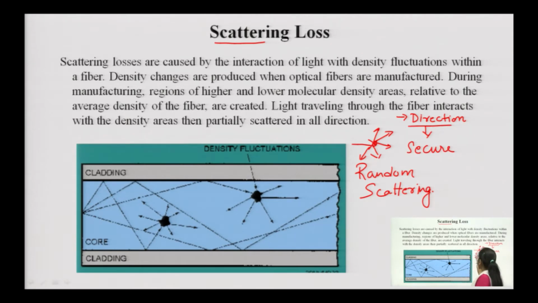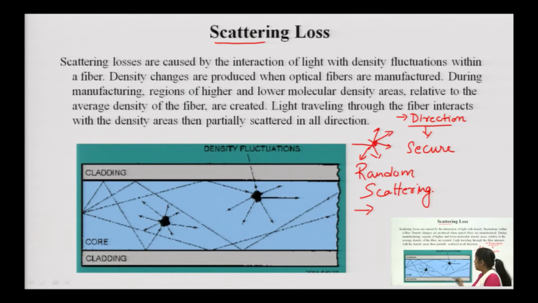The third one: the signal which is coming has some amplitude, some intensity, but if it gets distributed, the original intensity is not retained by the signal.